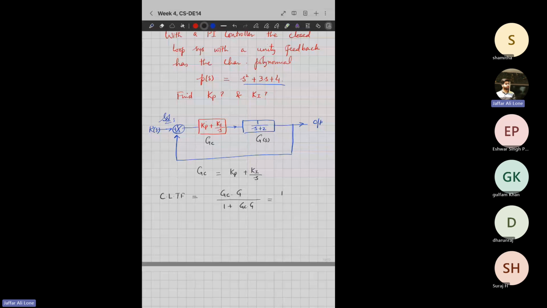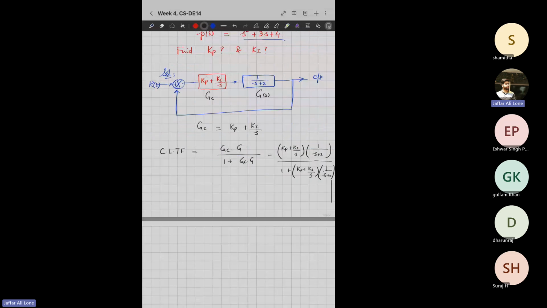Just put in the values. It will be (Kp plus Ki by S) into 1 divided by (S plus 2), divided by 1 plus (Kp plus Ki by S) into 1 divided by (S plus 2).